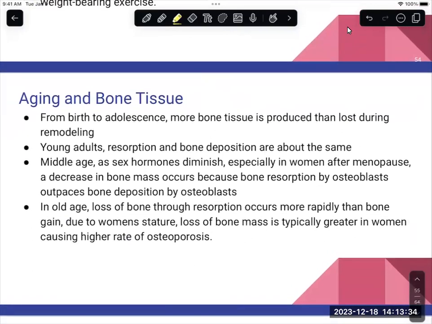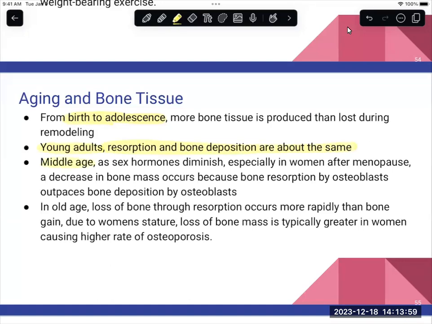So as we get older, or actually we start from birth, your bone mass is increasing. So you're building more bone than you are losing through adolescence. By the time you're a young adult, your bone mass and reabsorption is about the same.